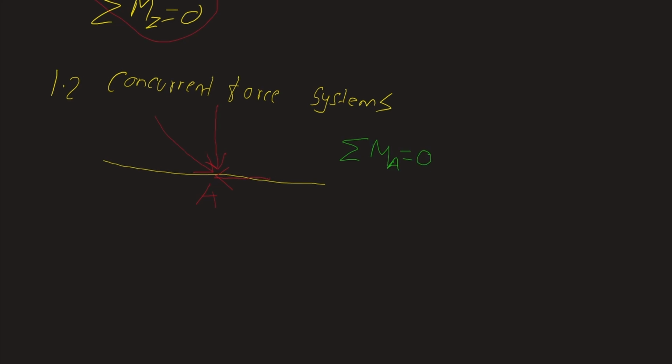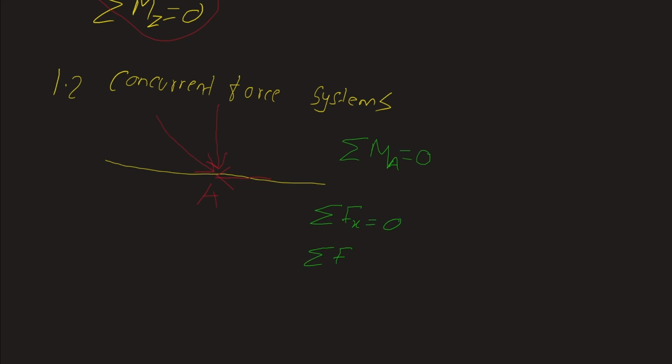Thus, in such a case, the equations of equilibrium are limited to just summation of force in x is equal to 0, and summation of force in y is equal to 0.